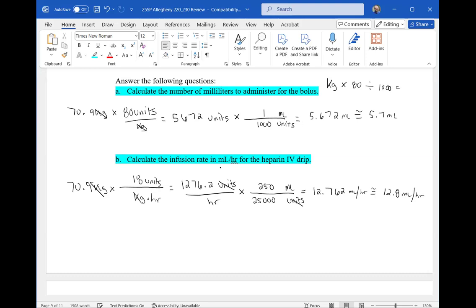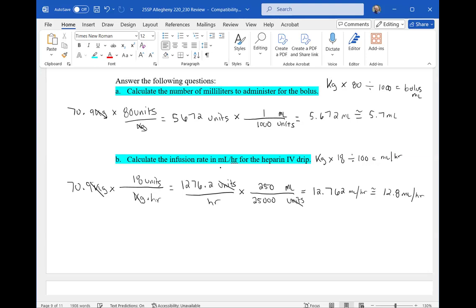And that'll give you your bolus in milliliters. Okay. So that's it. So you have to be in kilograms in order for that to work. For this one, you're in kilograms times 18, and then it's going to be divided by 100 to give you your ml per hour.